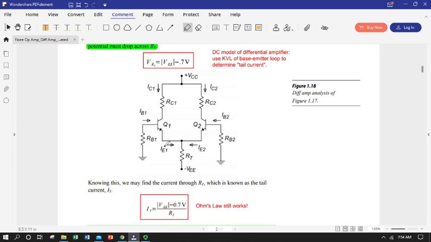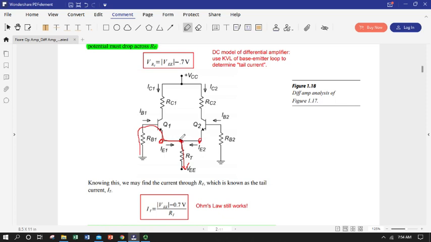So if we want to know what the current is that's actually going through this RT, our tail, we can do a Kirchhoff's voltage law expression for this loop. Note that our base voltage is at ground, and then we will drop 0.7 volts to get to the emitter point here, which is the same voltage as this point and this point, because these are both equal.